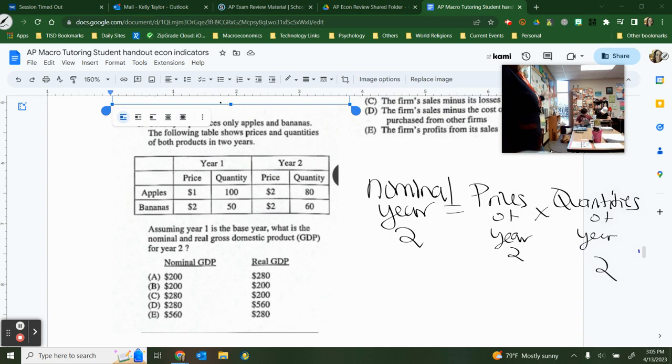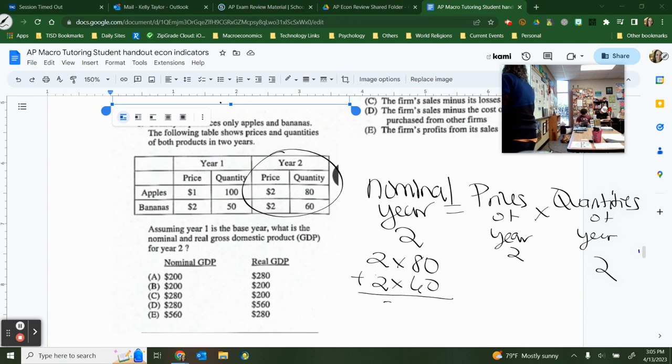It's just how much money was made in that year. In this case, it's going to be $2 times 80 plus $2 times 60, and that's going to get you $2.80. Which gets rid of A and B and also gets rid of E. Because nominal is just how much money was made that year.